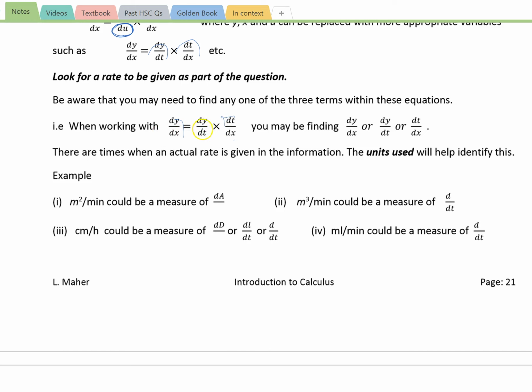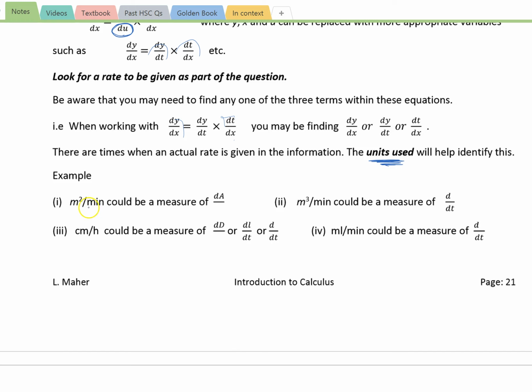So if the question is talking about the rate at which the volume is changing, then you'll want dV, and if it says with respect to the radius, then you want dr. Another good indicator are the units that are used. For example, if you were told to produce something in terms of square meters per minute, that you're going to give your answer in square meters per minute, it's clearly a rate. We could find it by finding a derivative.